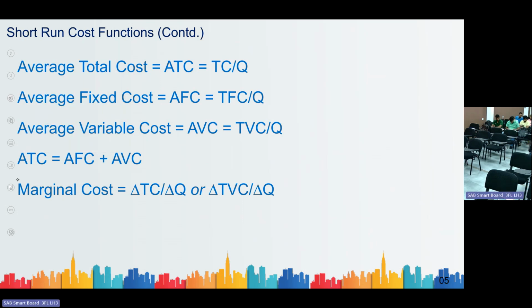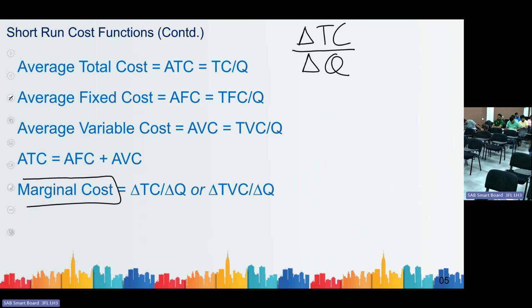Then the next cost concept is marginal cost. We calculate it as the change in total cost divided by the change in output. Output is the number of units produced.